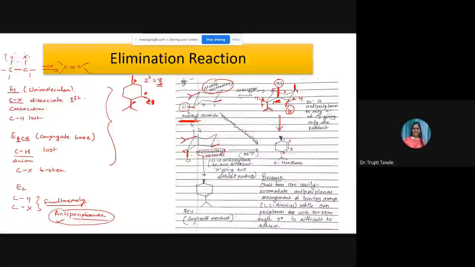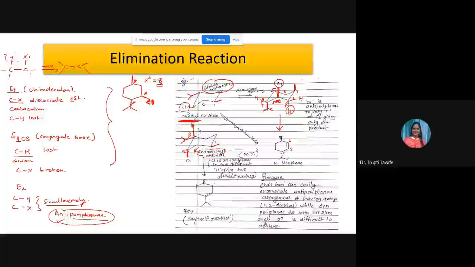Okay, now look, this is my alpha carbon. Again, how many beta carbons do I have? Okay, let us assume this as beta and this as beta dash. Look at the beta carbon. Can it lose a proton with that chlorine? Yes, because the proton is axial, and chlorine is also axial.